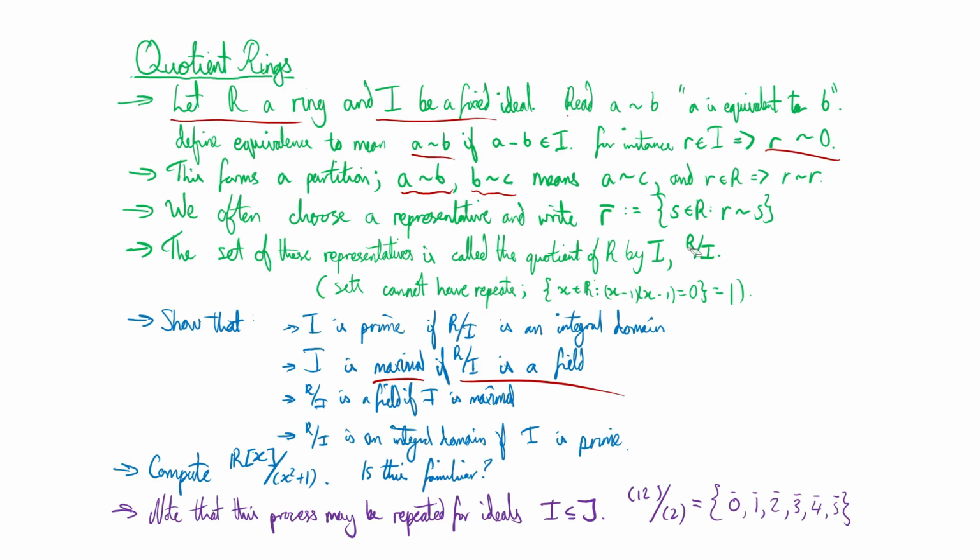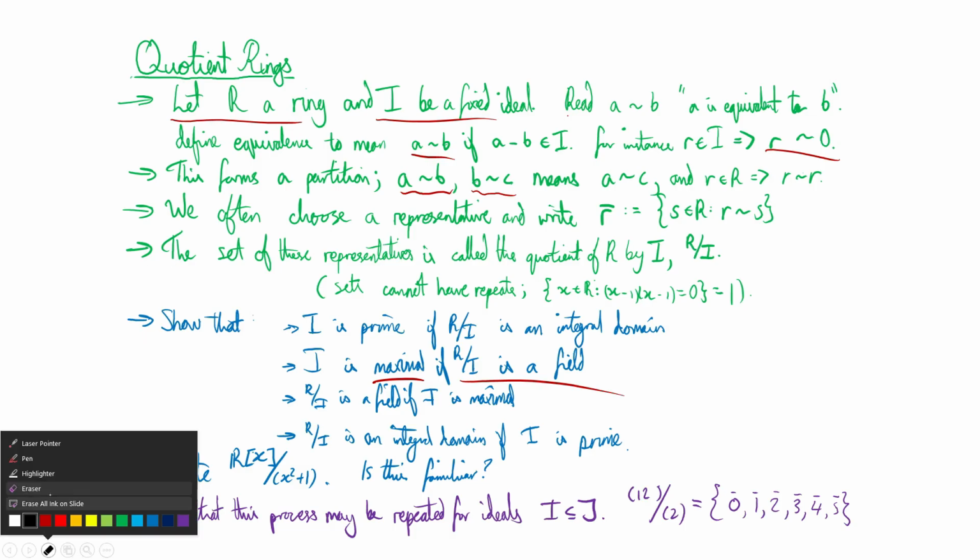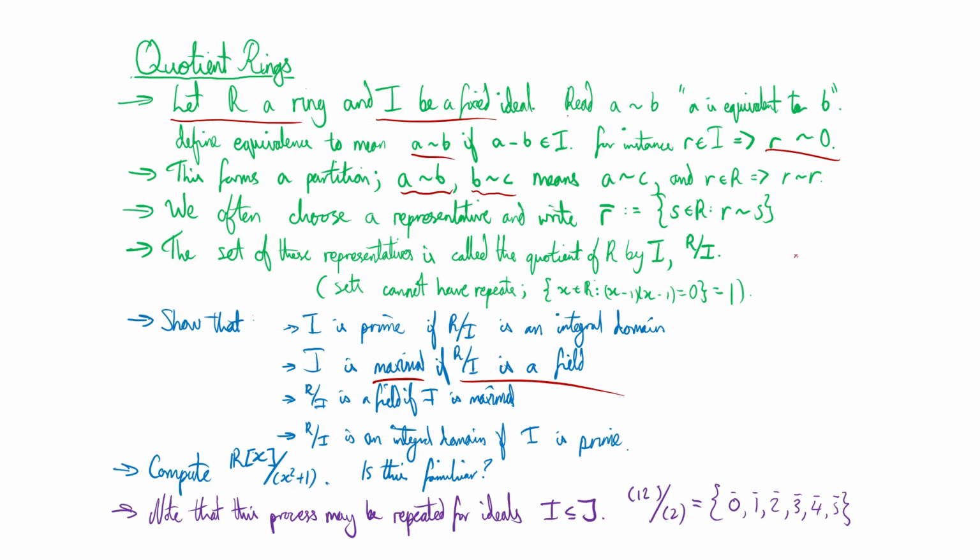And you might think that within, say, Z over 2, you have the issue of, oh look, you've got 0 and 2, well, they're the same thing. So sets can't have repeats. That's one of the defining things of a set. If you have a set with repeats, it's called a multiset, and that isn't a set.